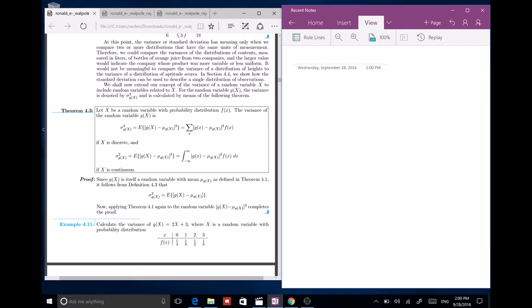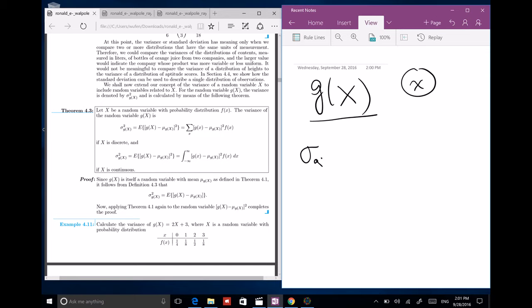Next, we look at the variance of a random variable that is a function of x. So g(x) is a function. Instead of just a random variable, now we have a function of x. The variance of the random variable g(x) is not going to be just x, but a function of x. It's the same thing.